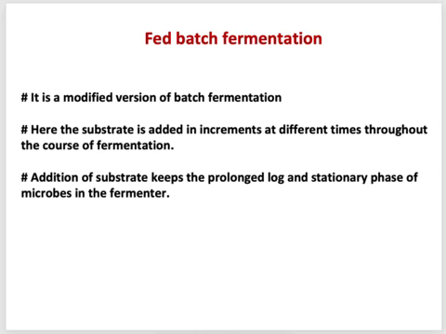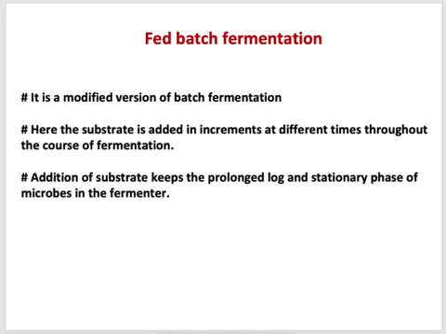In continuous fermentation, you continuously add media and concomitantly take out used media or cells. But in fed batch fermentation, time to time you add fresh media, but you never take anything out from the fermenter.